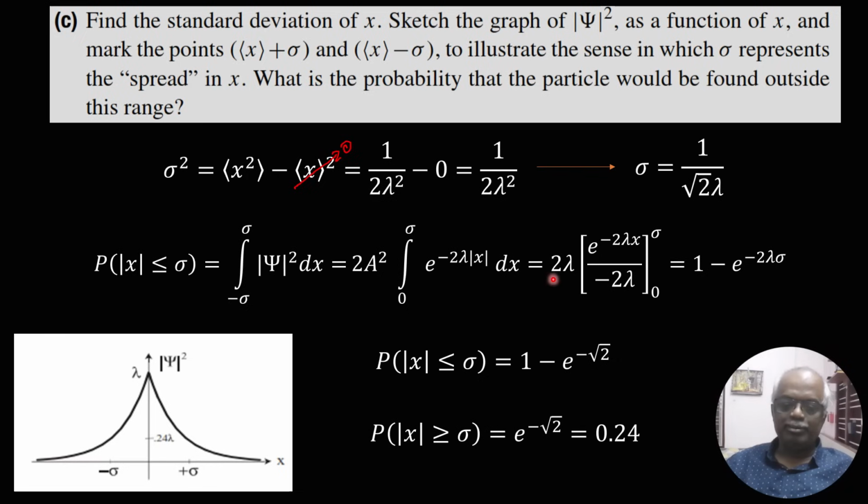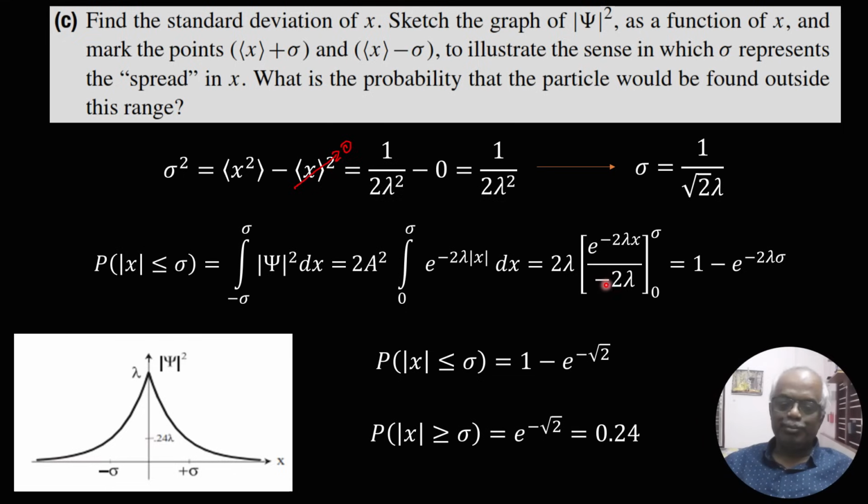So 2 times lambda, and if you integrate this, you will get e power minus 2 lambda x over minus 2 lambda. If you apply the upper limit, you will get e power minus 2 lambda sigma.